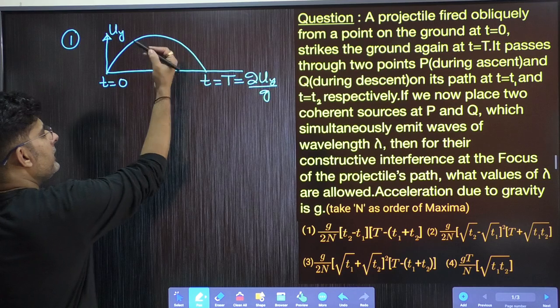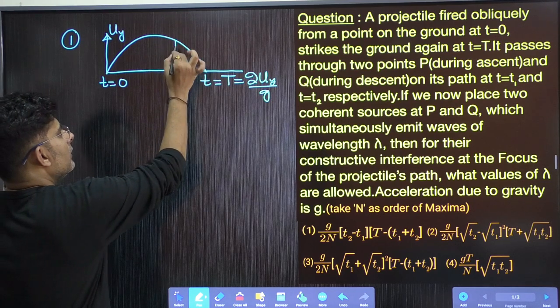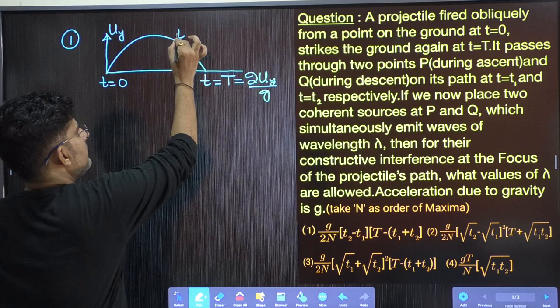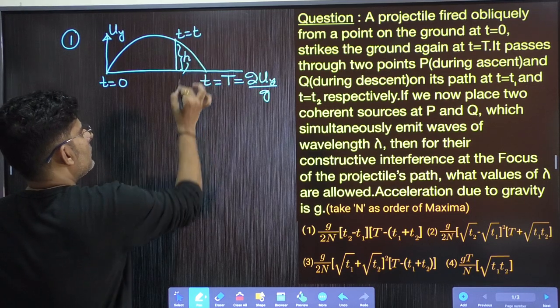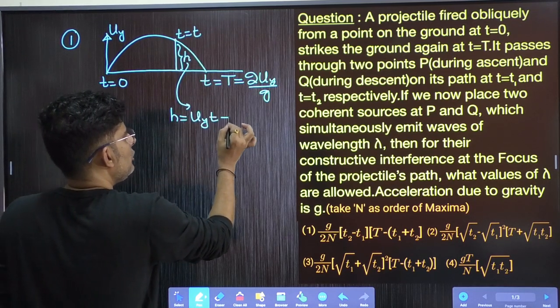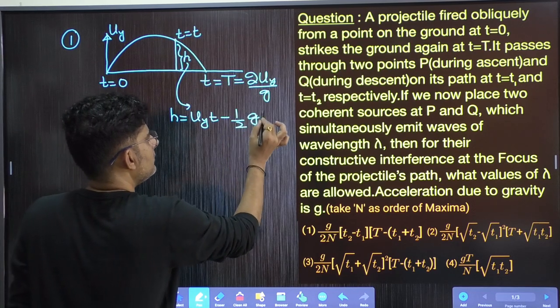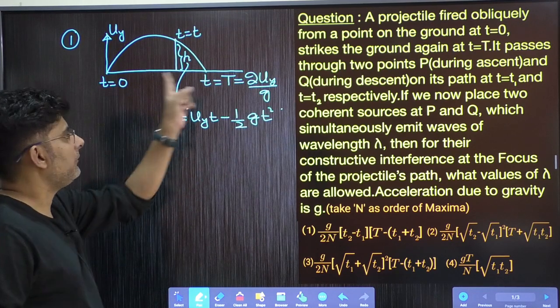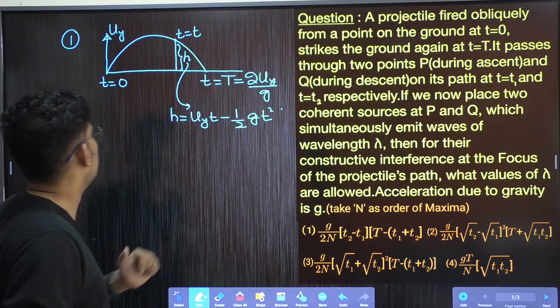Next, if we take any point on the path of the projectile at height h, at t equals to t, then this height h is given by uyt minus half gt squared, where t lies in between 0 and capital T. So this is one concept.